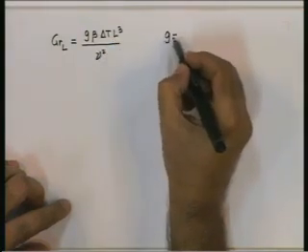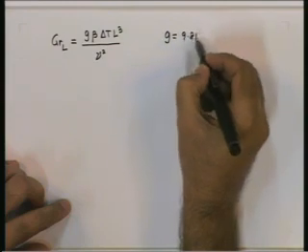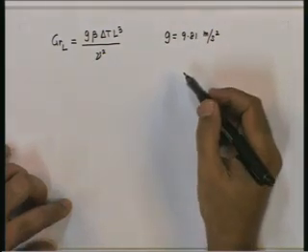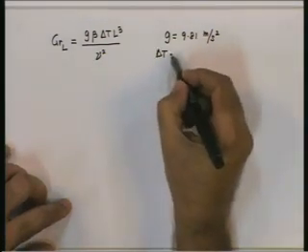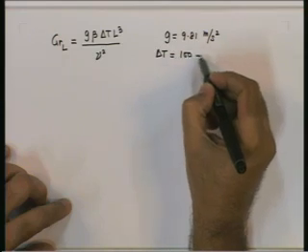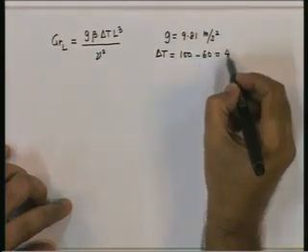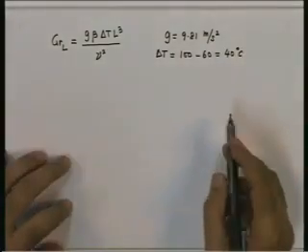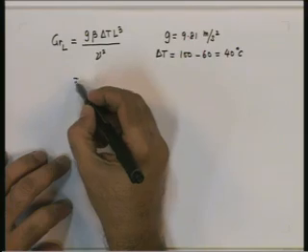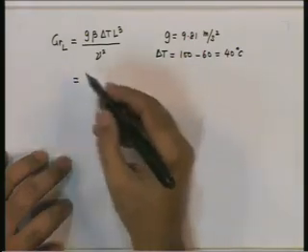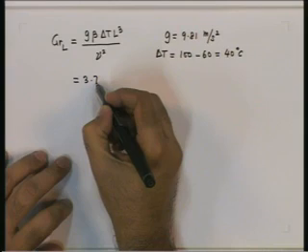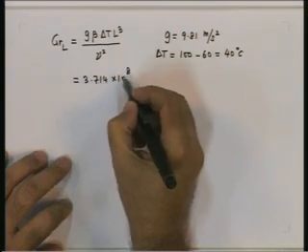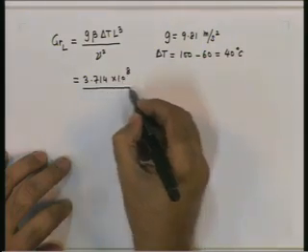We will use the value of g as 9.81 meter per second squared, the standard acceleration due to gravity. Delta T is 100 minus 60, which is 40 degrees C. If you substitute these numbers, you will get the Grashof number to be equal to 3.714 into 10 raised to 8.